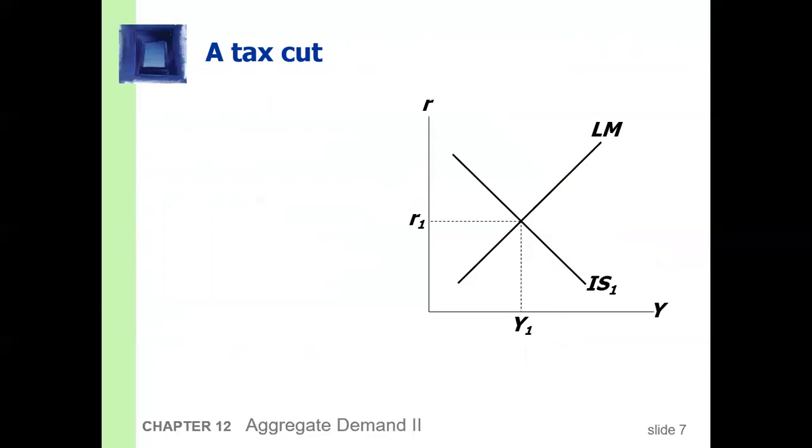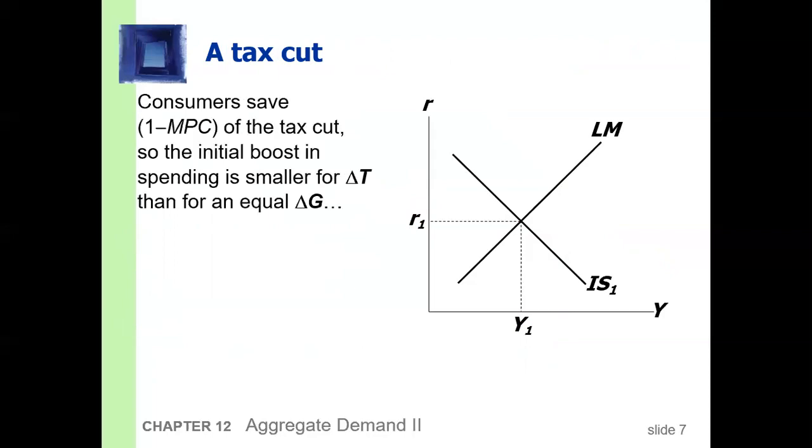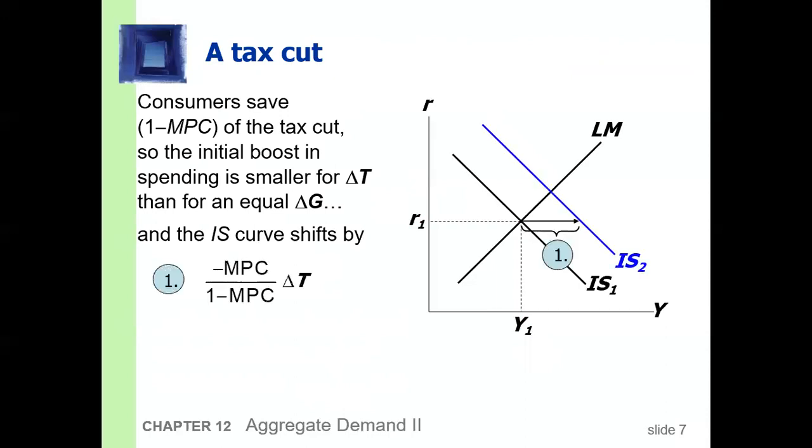What about the tax cut? If there's a tax cut, consumers save some amount of the tax cut, so the initial boost in spending is smaller for the change of tax than for an equal change in government spending. So the IS curve shifts by a smaller amount.